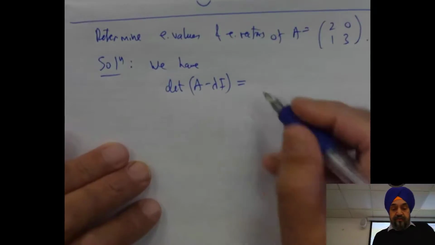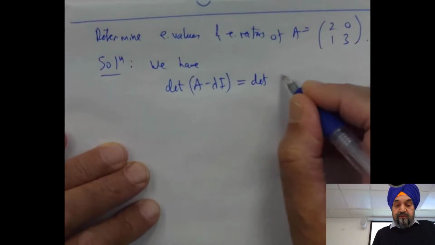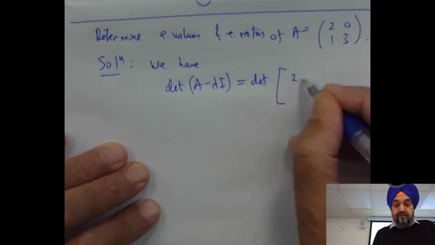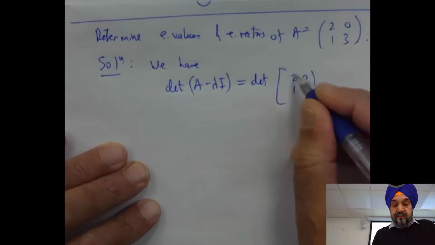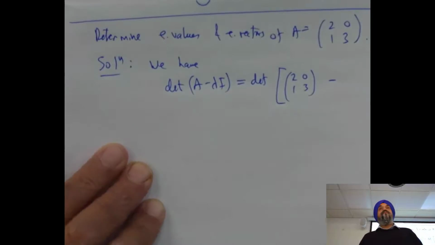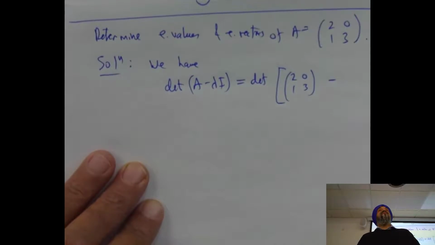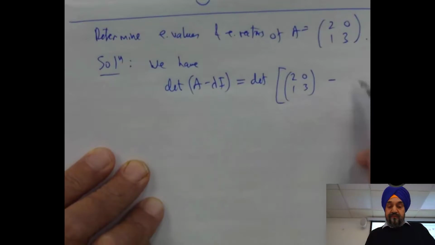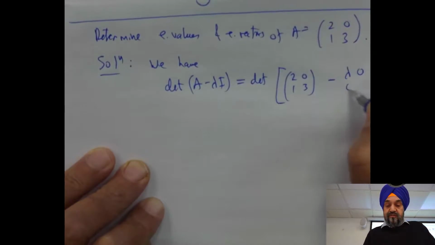Yeah, 2, 0, 1, 3. So the determinant of 2, 0, 1, 3, minus lambda I, which of course is lambda 0, 0 lambda.